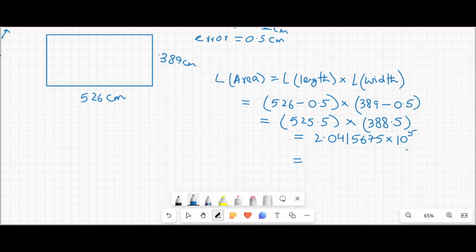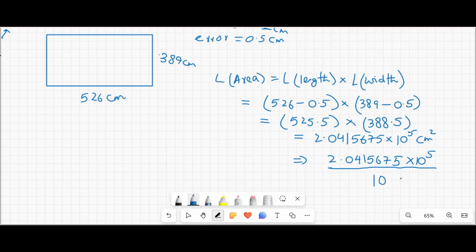Now this is in centimeter square. If you want to convert this into meter square, you have to divide by 100 into 100. Basically this will become 10 raised to power 4.